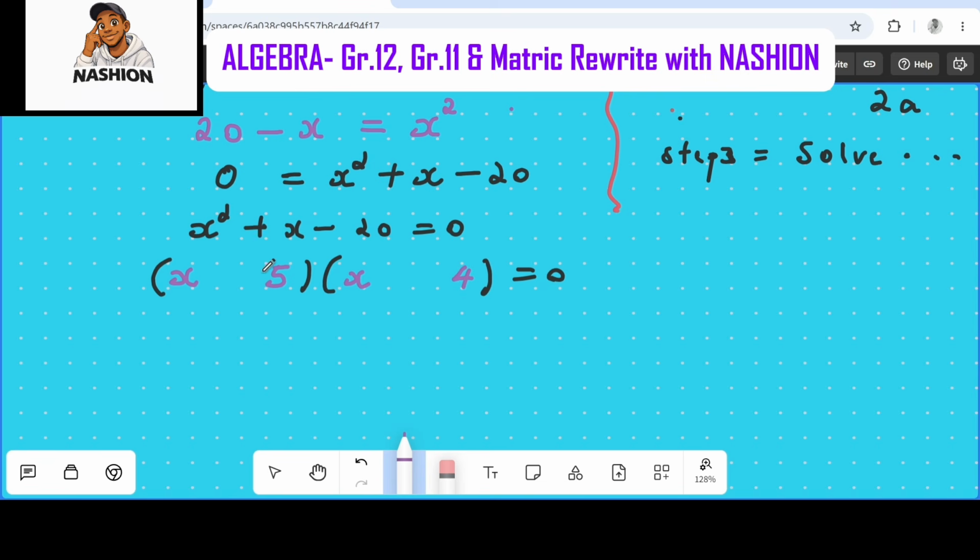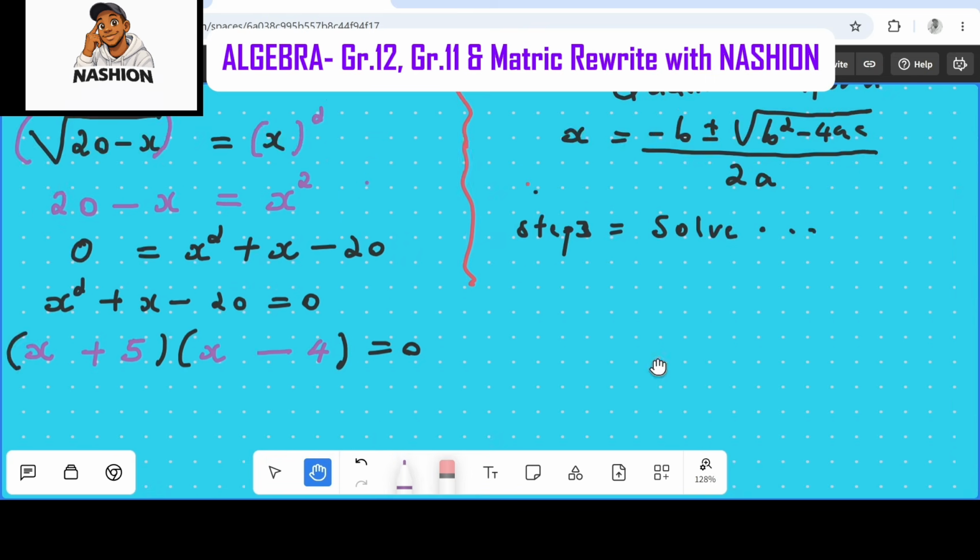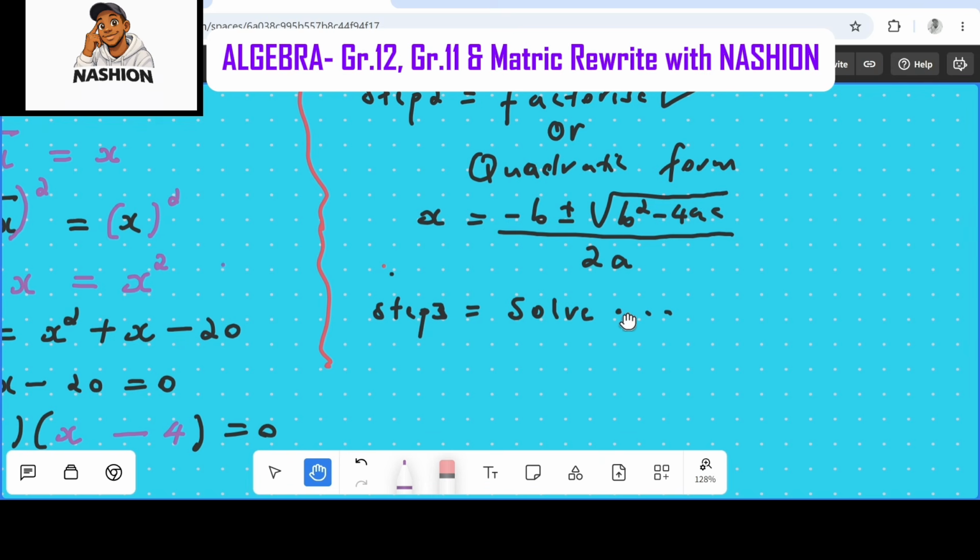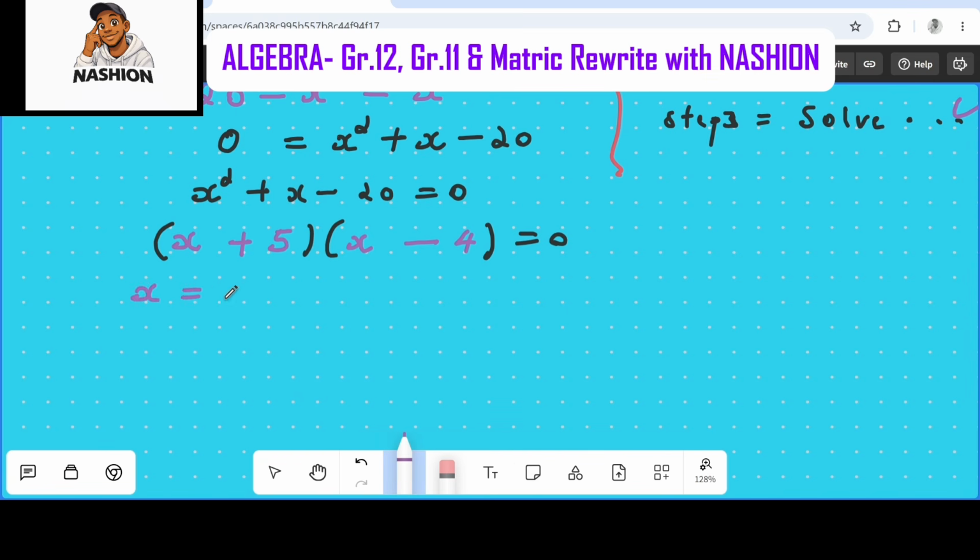To get positive 1x, we must say positive 5 minus 4, because 5 minus 4 is positive 1. 5 times negative 4 is negative 20. So factorized. After factorizing, step 3, we are going to solve until the end. So we're going to write x is equal to negative 5 or x is equal to positive 4.